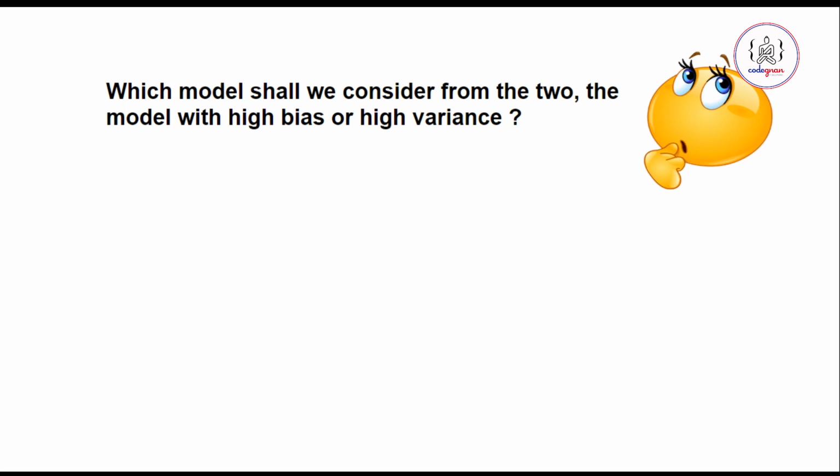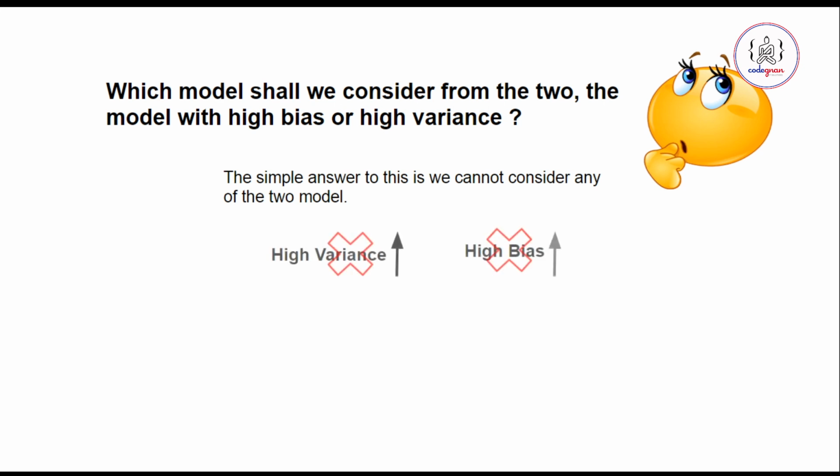All right. So now the question is, which model shall we consider from the two? The model with high bias or high variance? The simple answer is we cannot consider either of the two models.